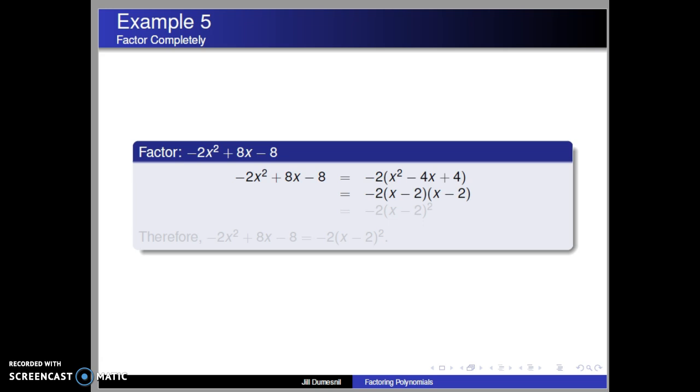X minus 2 times x minus 2 does factor correctly. So our original minus 2x squared plus 8x minus 8 can be factored as the constant negative 2 times the quantity x minus 2 squared.